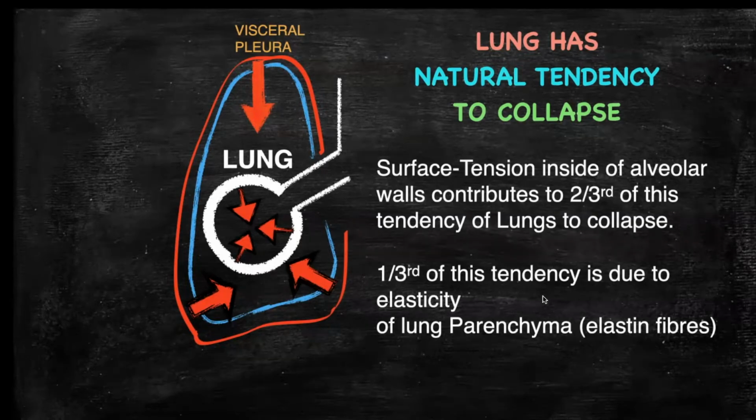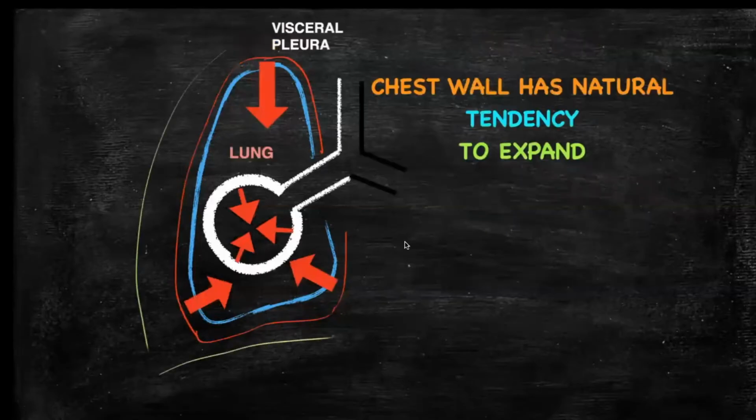And in patients with very bad emphysema, there is a loss of elastin in emphysematous lungs, and that's why the lung loses its tendency to collapse and becomes hyperinflated. So this is the situation. So the lung has a natural tendency to collapse. This we need to remember as of now.